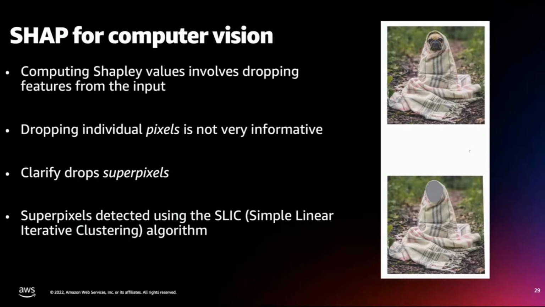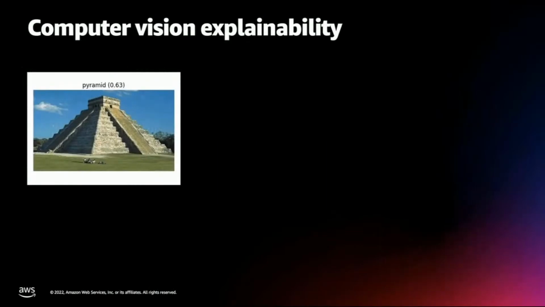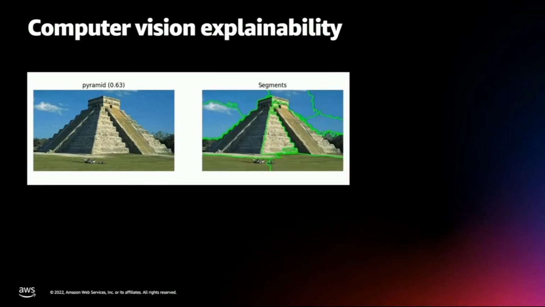So let's look at another example. Imagine that you have an algorithm that predicted that this is a pyramid with the confidence of 63%. And now you'd like to analyze this for explainability. You'd like to understand why this prediction was made. So the first step is to use that SLIC algorithm to compute these superpixels or segments in the image.